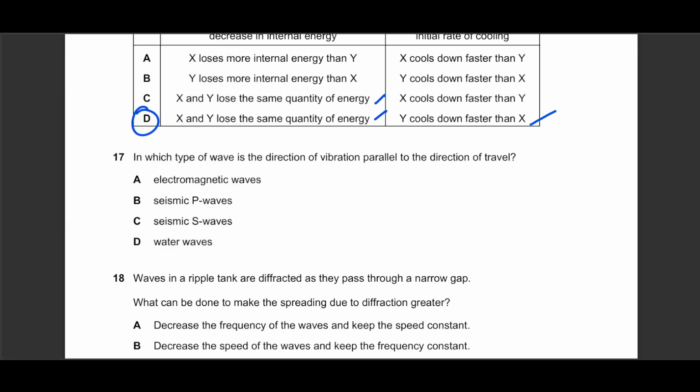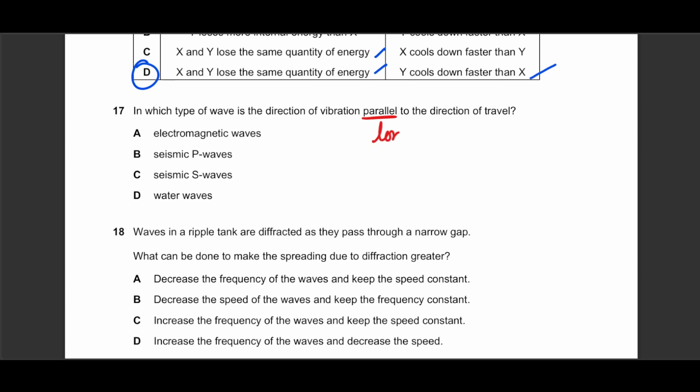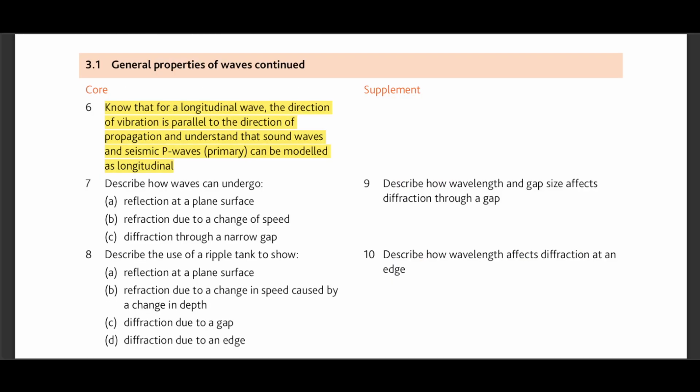Question number 17 is, in which type of wave is the direction parallel to the vibration? So he's talking about longitudinal wave. So we're definitely looking for sound, or we're looking for seismic P waves. Now, where do the P waves come from? Yeah, if you go to the syllabus, you will realize that it's mentioned in this part. 3.1 core element 6.